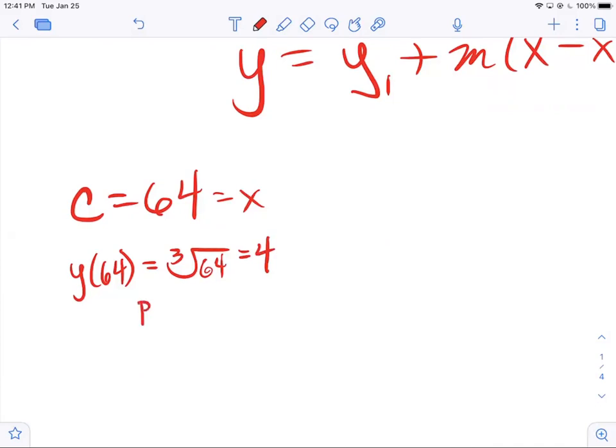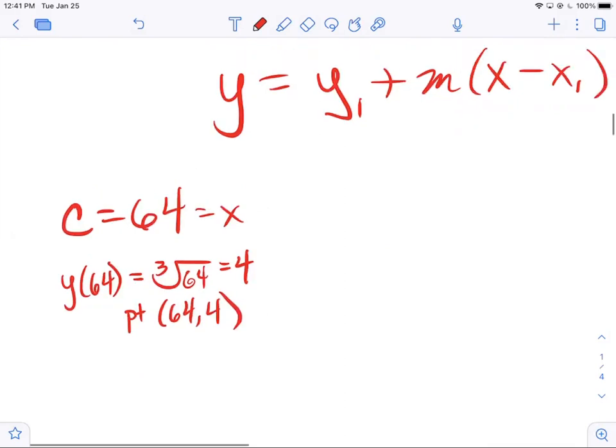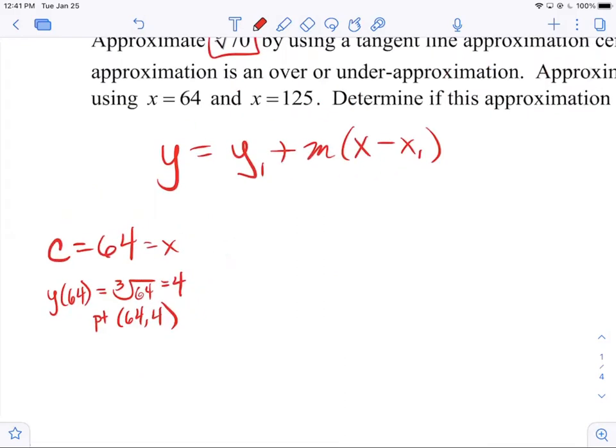So now I have the point (64, 4). All I need is the slope at the point. Slope at a point, well, that's the derivative, yes? So if y equals the cube root of x, that's the same as x to the 1/3. Let's go ahead and take the derivative. y prime is 1/3 x to the negative 2/3.